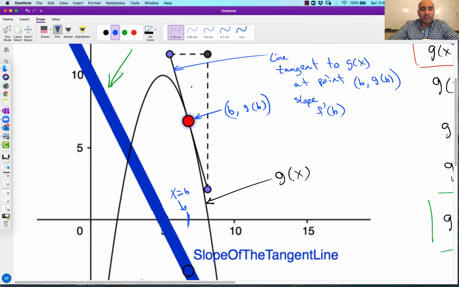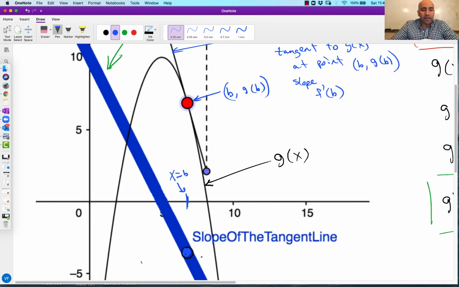I can tell it's going to be some negative value, and that's what this point over here is going to represent. Some small negative value. Roughly speaking, it looks like a negative 4 or something like that. Oops, this is not f, it's g. Sorry, this is g prime of b. So this is going to be a small negative, which is the same thing: the value we get at g prime of b is going to be this value.